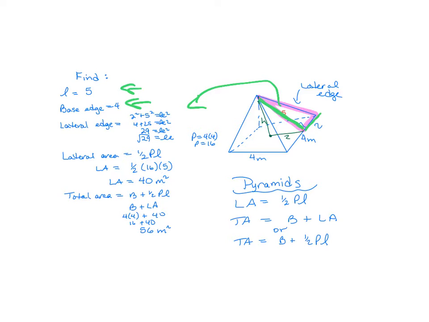The perimeter, it's a square, so 4 times 4, times the slant height, which was 5, and then my lateral area is 40. Then to find total area of this, the base area was easy. It's just 4 times 4, 16, and then add it to that lateral area. So this would be probably more like what you would get on your test.